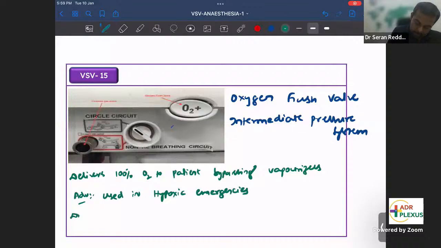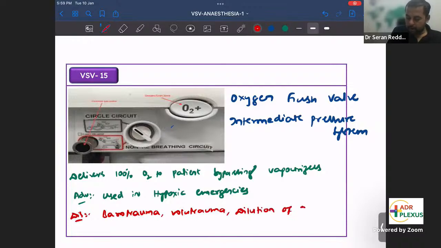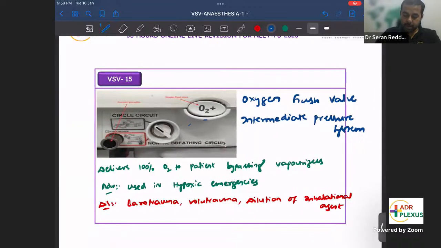The disadvantages: it may cause barotrauma, volutrauma, and dilution of the inhalational agent or anesthetic agent, whatever that might be. This is about the oxygen flush valve. We identify it by the O2 plus.